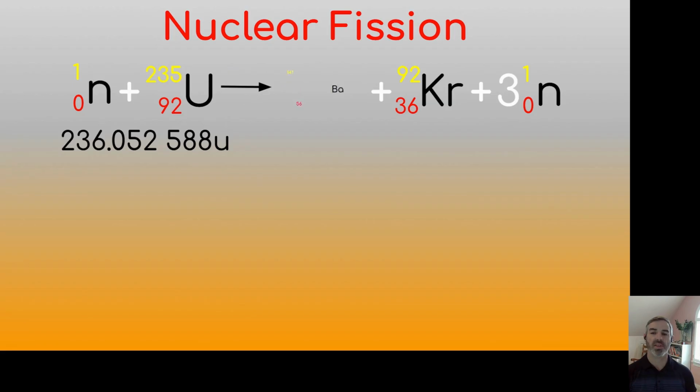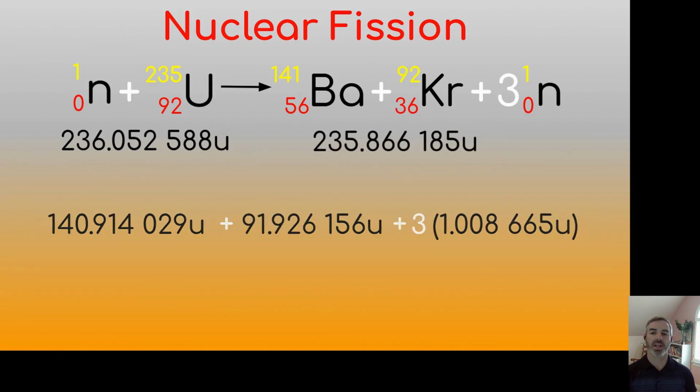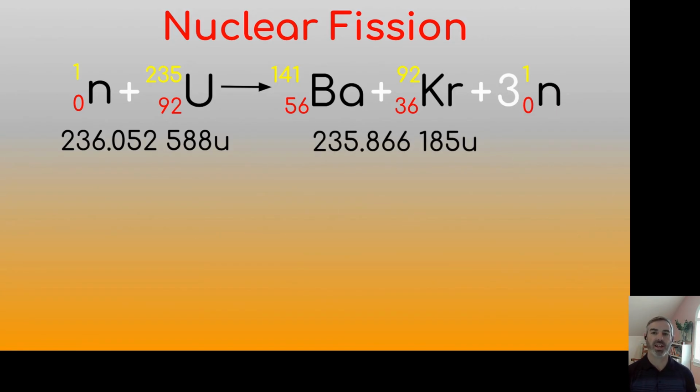Now, if we do the same thing for barium and for krypton, and we take a neutron and multiply it by 3, and we add those values together, you can see that there's a small amount of mass that is not accounted for. If we subtract these, the amount of mass that is not accounted for is about 0.186408 unified atomic mass units.